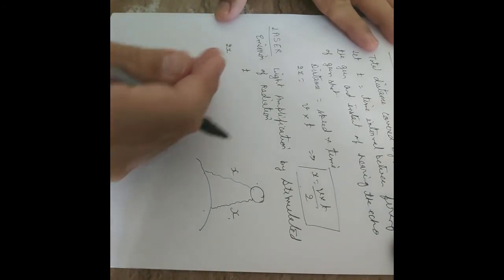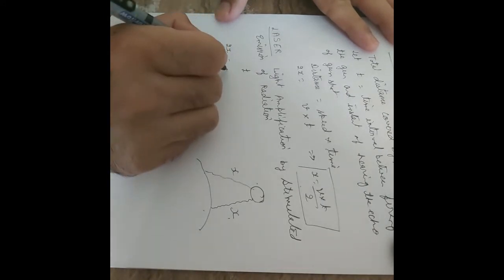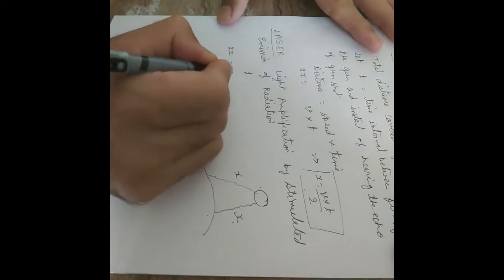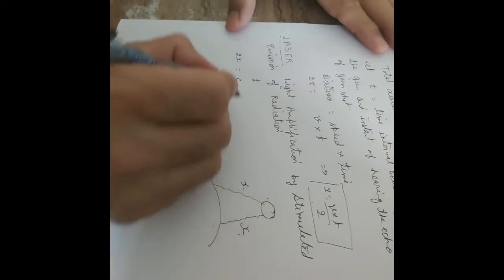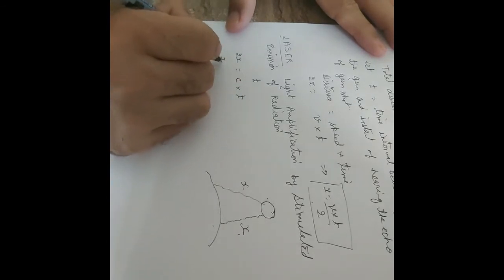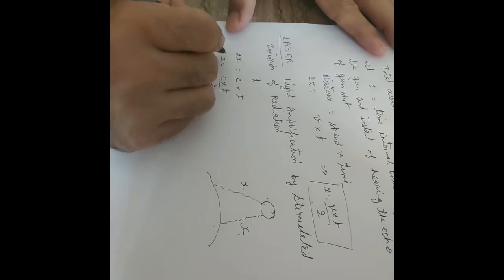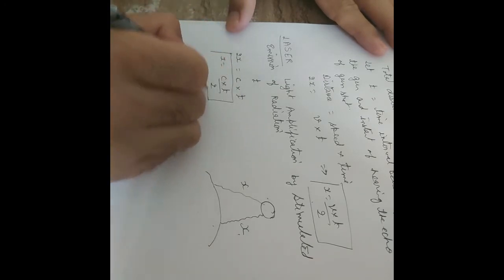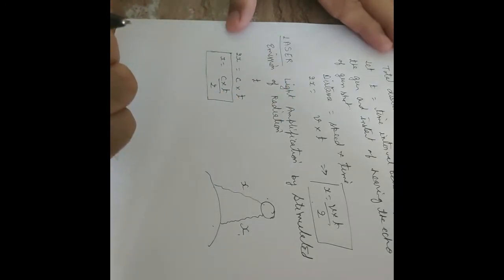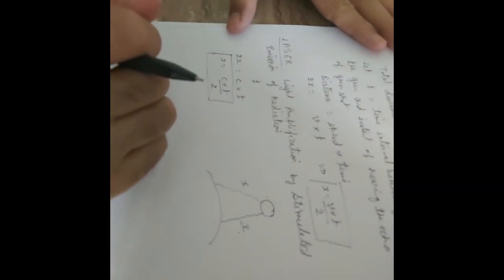The total distance covered will be 2x as in the previous case, and this distance equals speed multiplied by time. If c is the speed of laser light and t is the time taken, then x equals c multiplied by t by 2. So in this way we can find the distance of a nearby object.